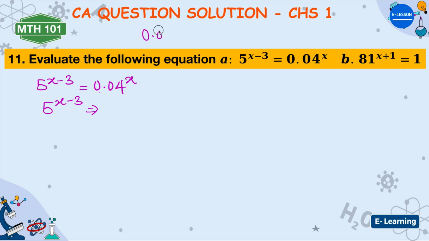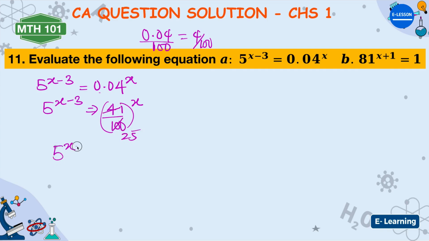If you want to convert 0.04 to a proper fraction, you put 1 at the decimal point, then add as many 0s as there are digits. That will give us 4 over 100, to the power of x.